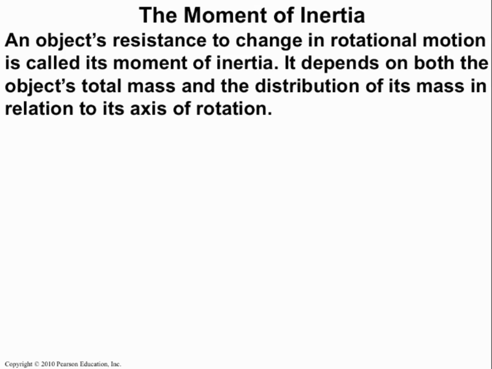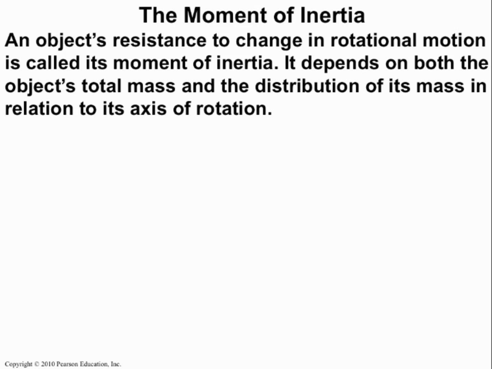Moment of inertia is probably not the best term, and I'm saying this from personal experience too. When you first hear the word moment of inertia, you don't think of mass. You think of time, moments to remember, the moment of truth.